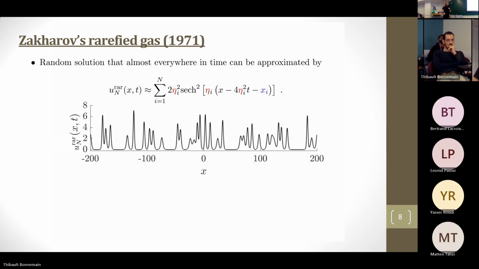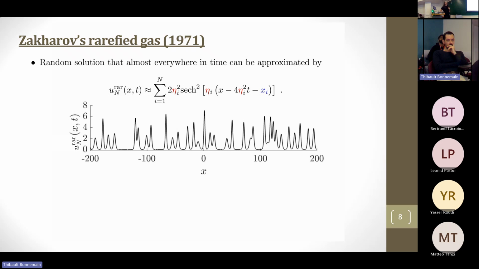But what's interesting is also that even in this very simplified setting where your gas is rarefied, solitons can still exhibit some nice emergent behaviors. And it's even truer when the number of solitons n becomes large, and the rarefied gas is the limit n goes to infinity.